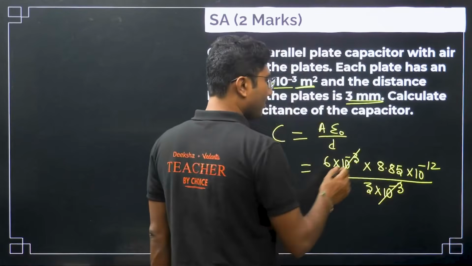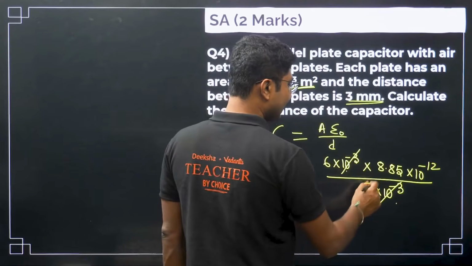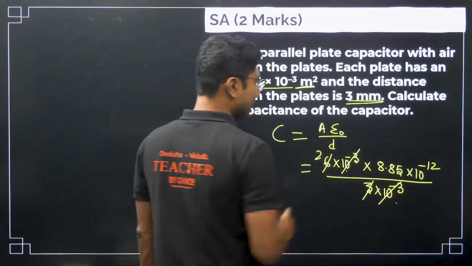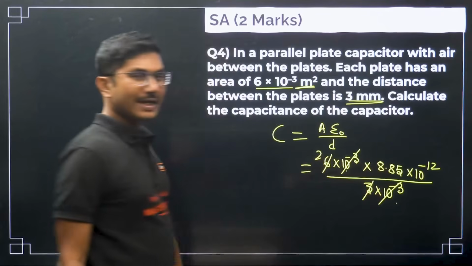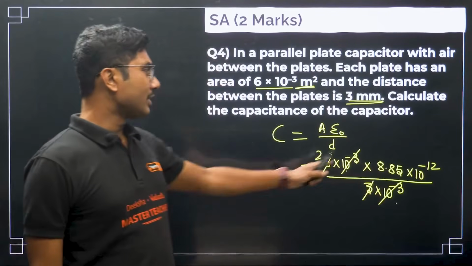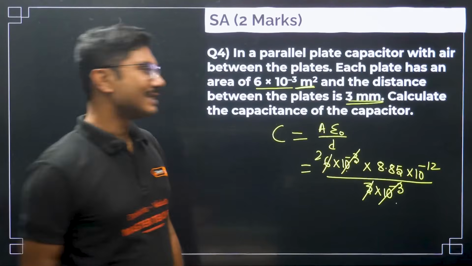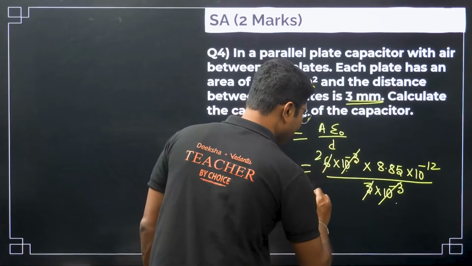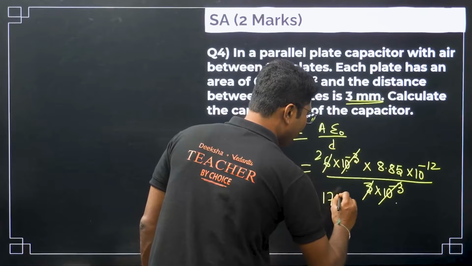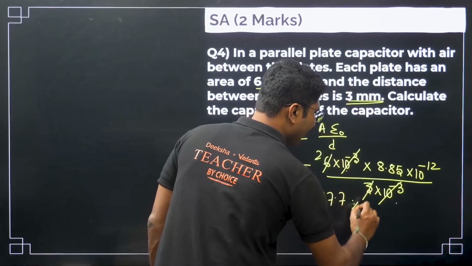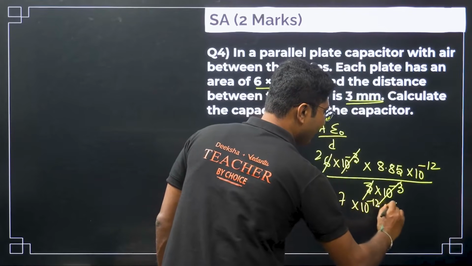So 10 to the power of minus 3 cancels, 3 cancels, 2 into 8.85, 8 to the 16 and 16 plus 1.6, that is 17.7 approximately, 17.7 into 10 to the power of minus 12 farad.